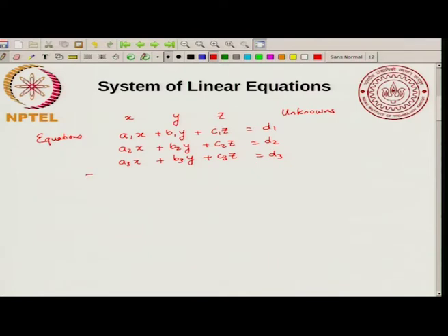This is exactly the same as writing the matrix a1, b1, c1, a2, b2, c2, a3, b3, c3 multiplied by another matrix that has just one column, and that matrix is denoted by x, y, z. As per the rules for matrix multiplication, you multiply a1 by x, add b1 by y, add c1 by z, which is exactly this, and this is equal to d1.